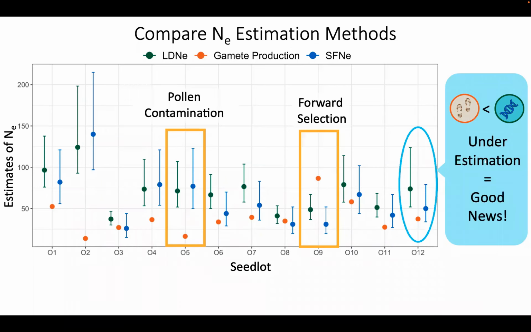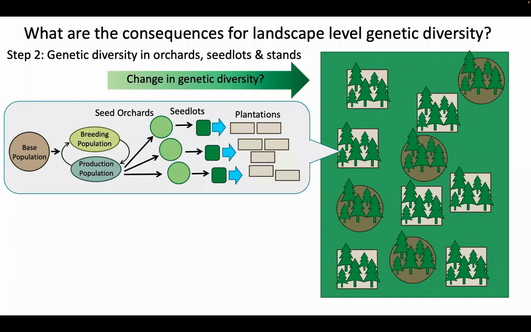And when we look where that gamete production estimate is less similar, and we look into the characteristics of our seed orchards, we can start to understand why. If it's underestimating, it could be down to pollen contamination based on where that seed orchard's located. And if it's overestimating, it could be down to forward selection and the equations that are used to calculate that effective population size.